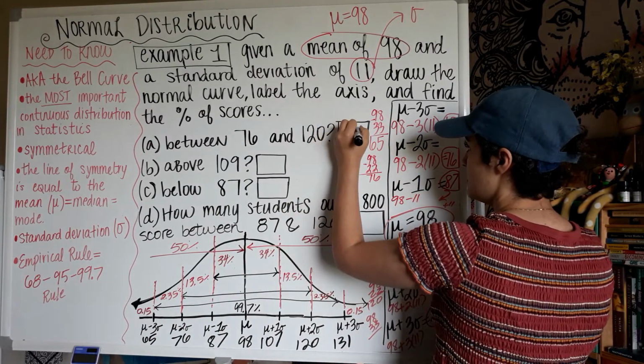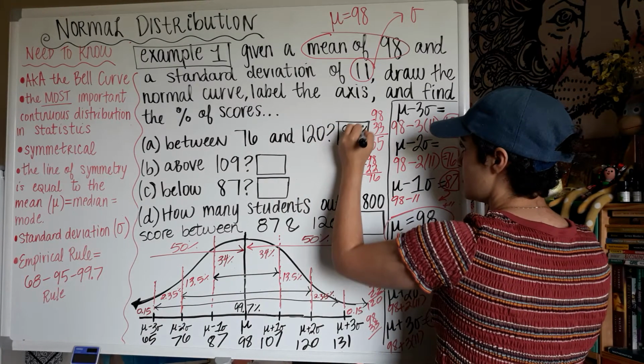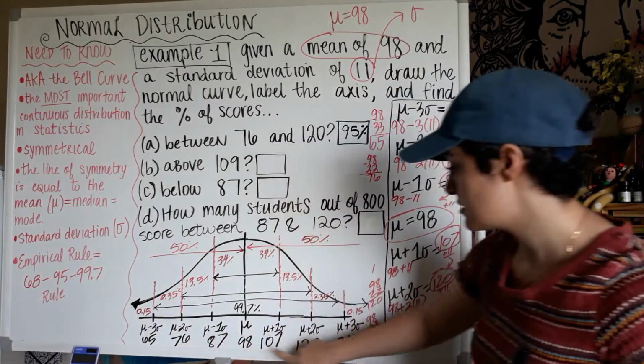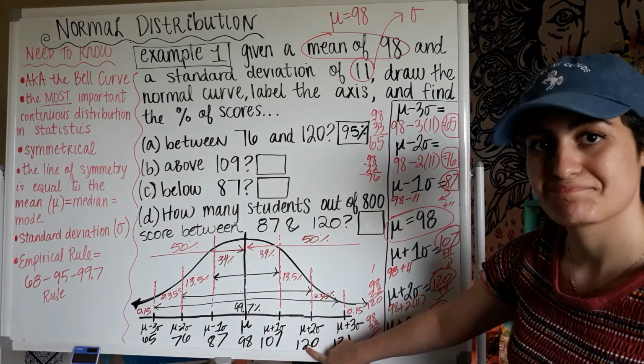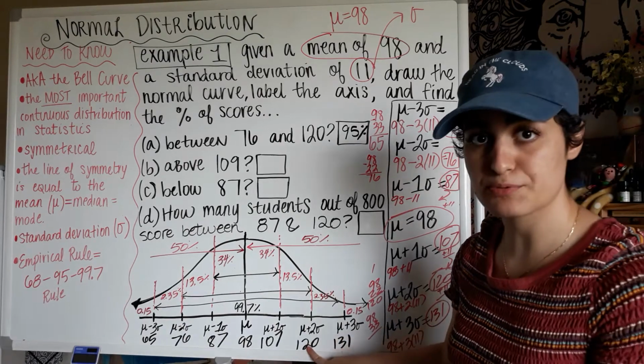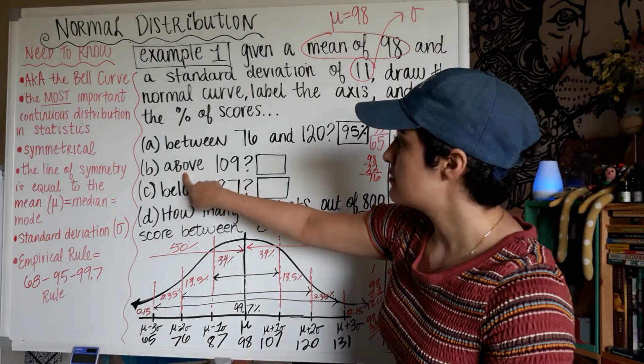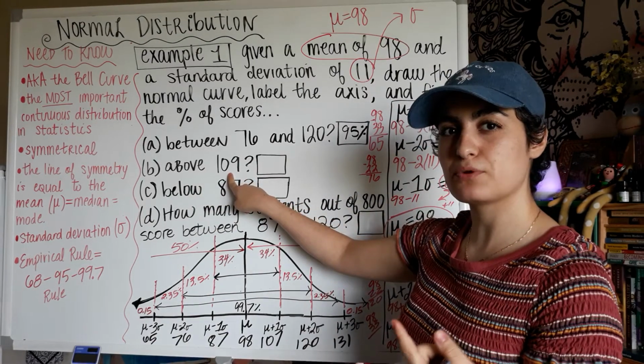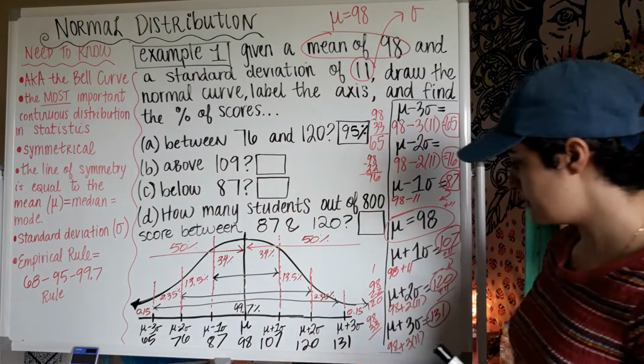95% of our data will fall between 76 and 120. Okay? And you just add up those percentages. So now let's do above 109. What's the percentage of people that will score above 109?